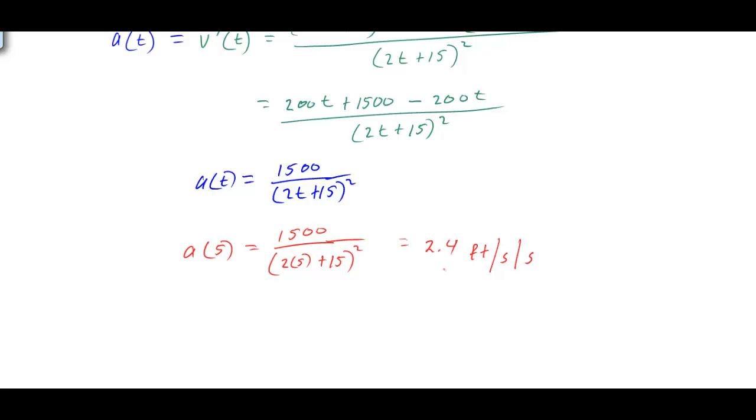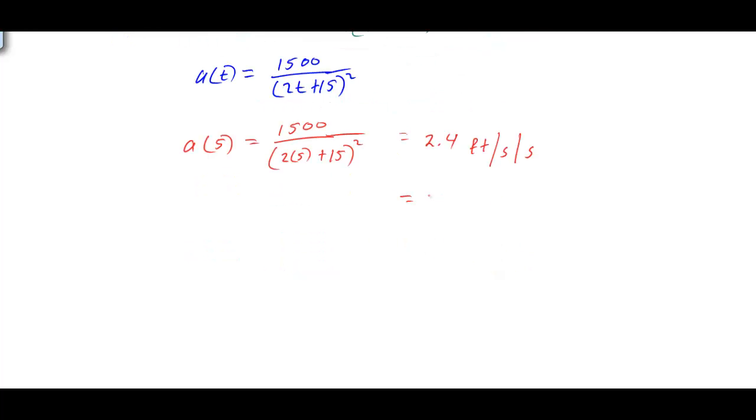So what that really means is we're accelerating 2.4 feet per second every second. And another way of writing this would simply be 2.4 feet per second squared.